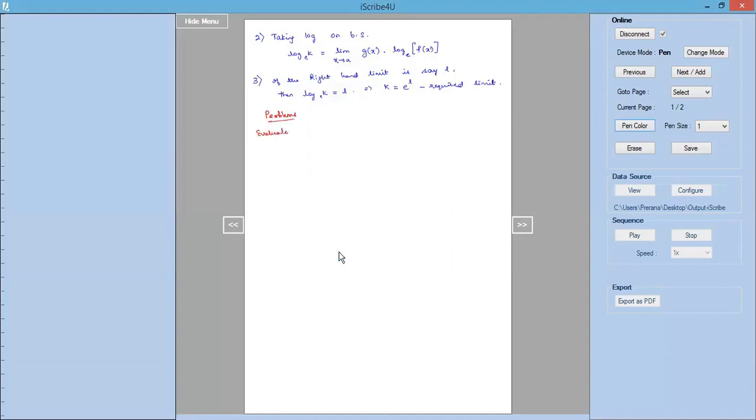Evaluate the following limits. First question: limit as x tends to 1, (1 minus x square) the whole power 1 divided by log of (1 minus x).